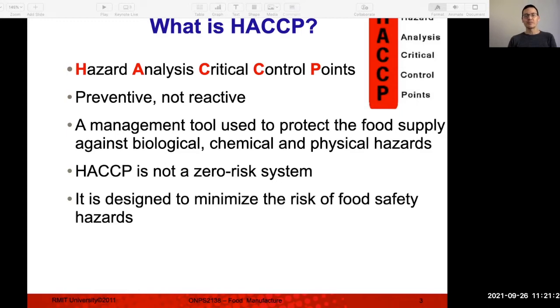So just remember that HACCP minimizes extremely the risk of an occurrence, but it's not zero risk, so it doesn't actually eliminate. There could be situations where incidents do occur. To reiterate, it's designed to absolutely minimize, but not eliminate, the risk of food safety hazards.